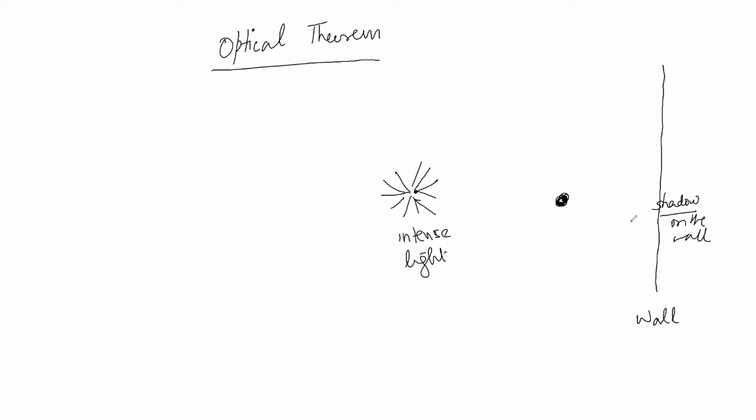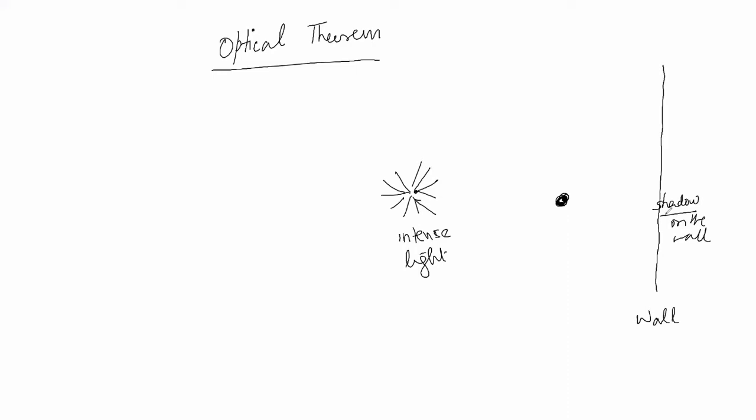Initially, there was no hindrance, and we observed that the wall gets illuminated. But when I placed a ball or some object in between the wall and the source of light, then what we are observing? We are observing that there is shadow on the wall.